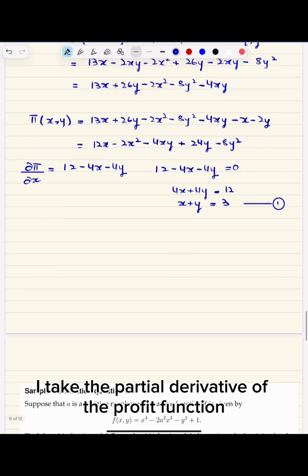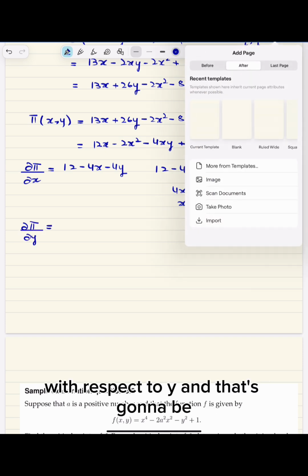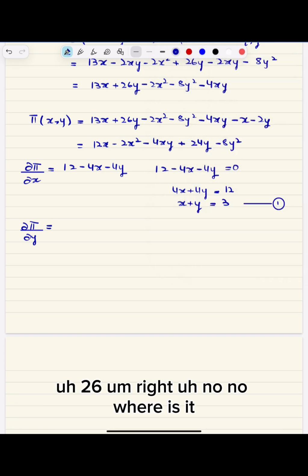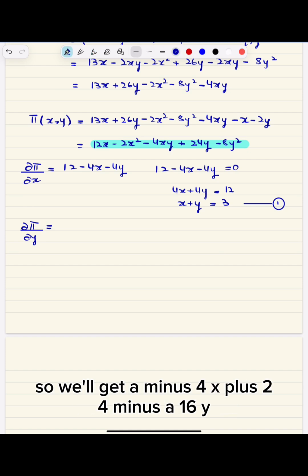Okay, then I take the partial derivative of the profit function with respect to y, and that's going to be 26. Right? No, where is it? Wait. This is the profit function. Okay. So we'll get minus 4x plus 24 minus 16y.